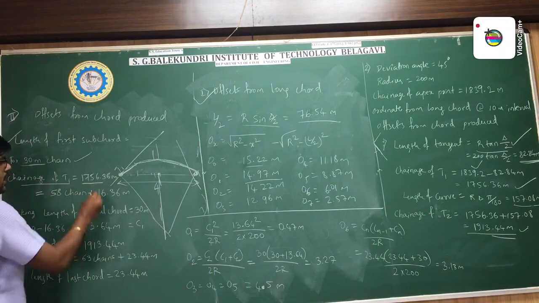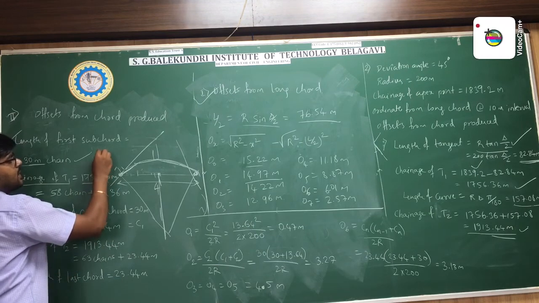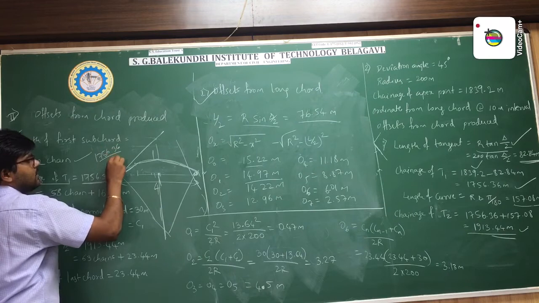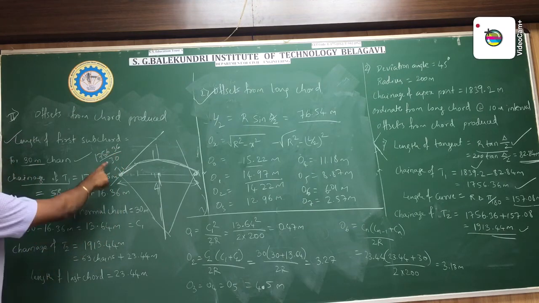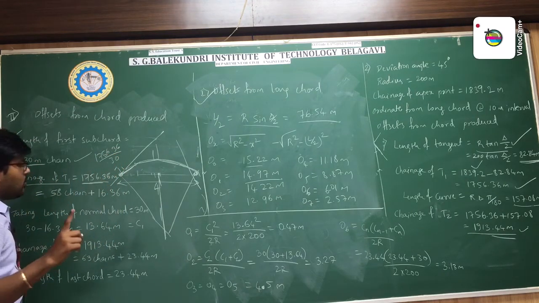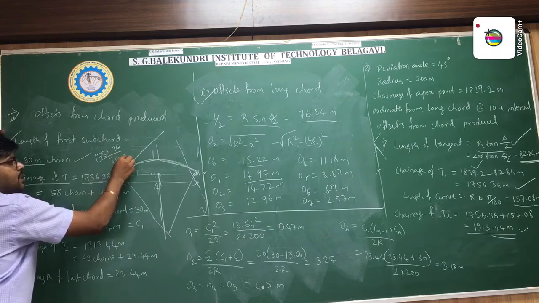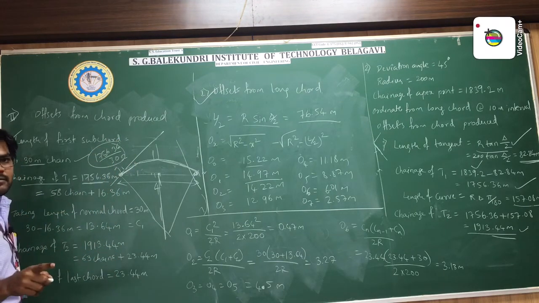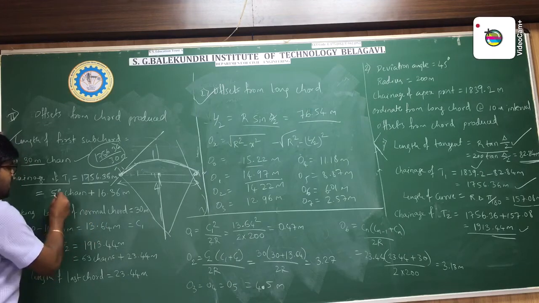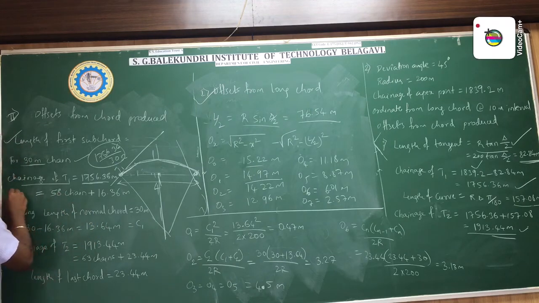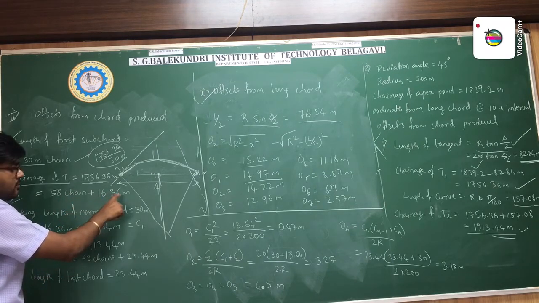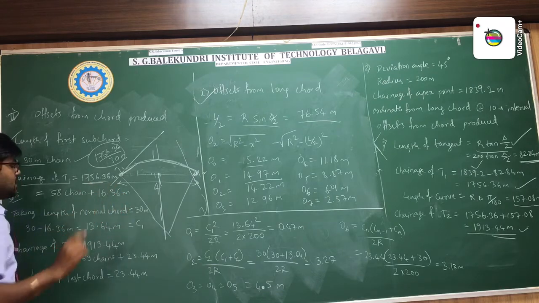This is divided by 30, one chain length being 30 meter, so you will get 58.5 something, that is nothing but 58 chain plus 16.36 meter.